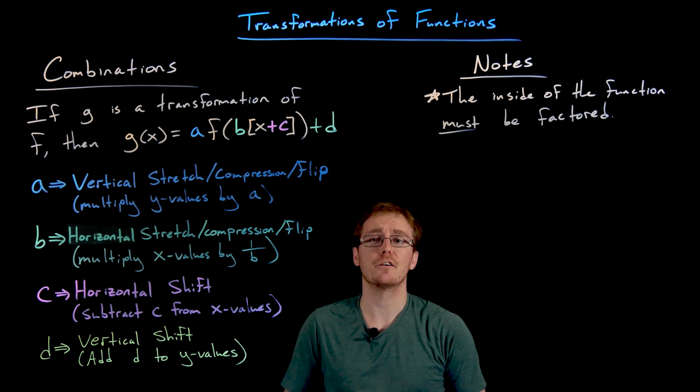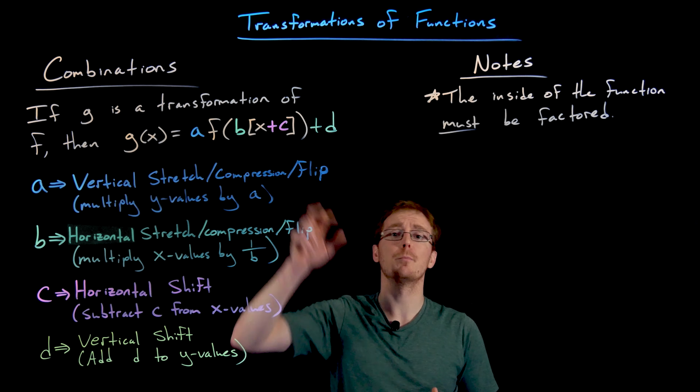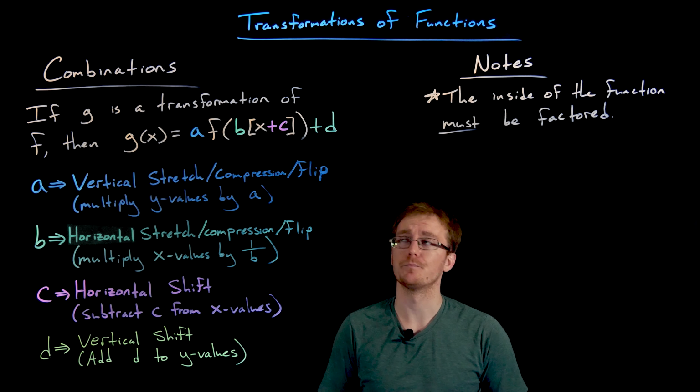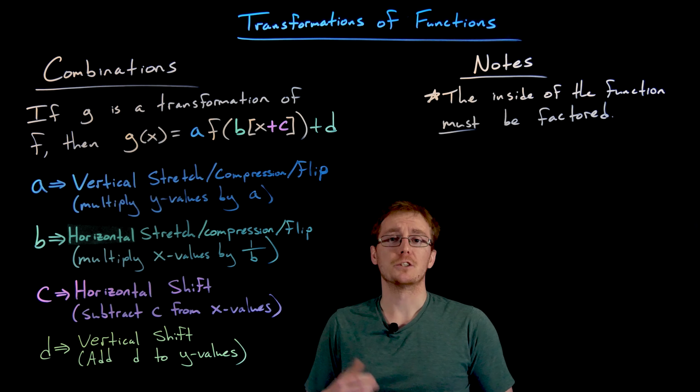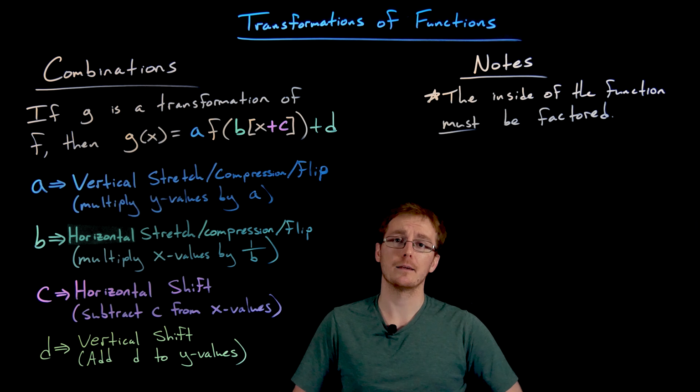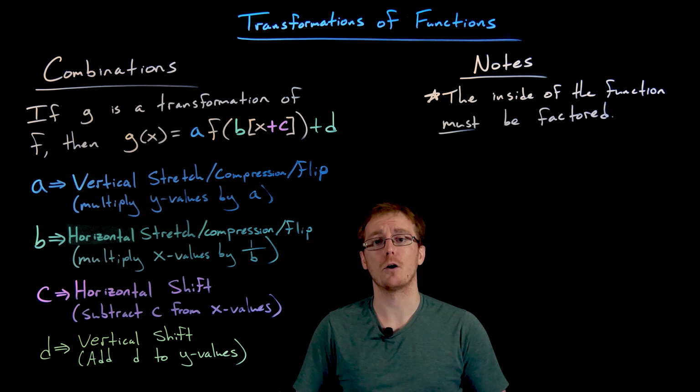So the inside of the function has to be in this factored form, otherwise we're going to misidentify one of our transformations. All right, so we've seen all these transformations individually and know individually what they do to our function, and that is still the same. We just have to be careful about how we put them all together.